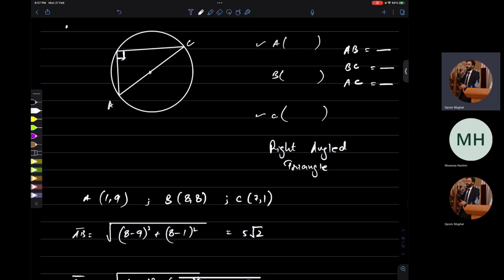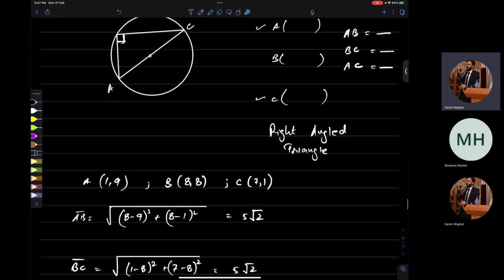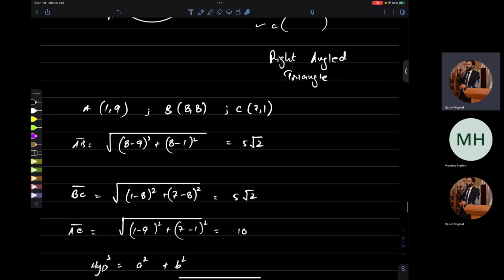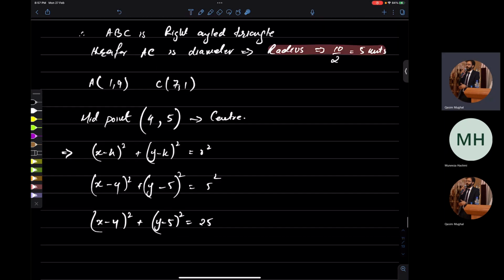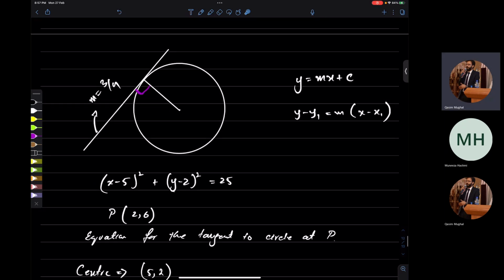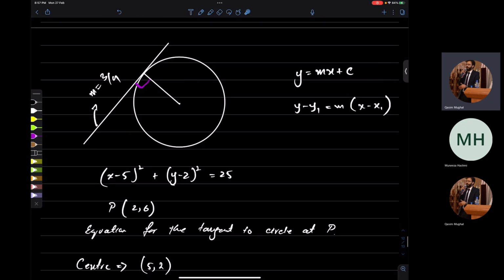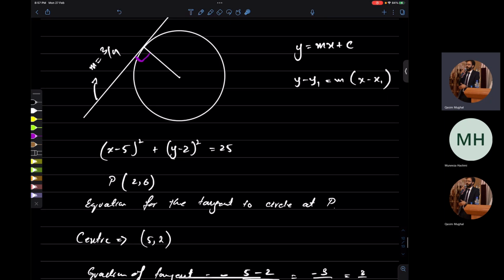But if that particular triangle is a right angle triangle, then the hypotenuse will always be the diameter of that circle. From there, you can work out the radius and then the midpoint to get the center of the circle and write down the equation.